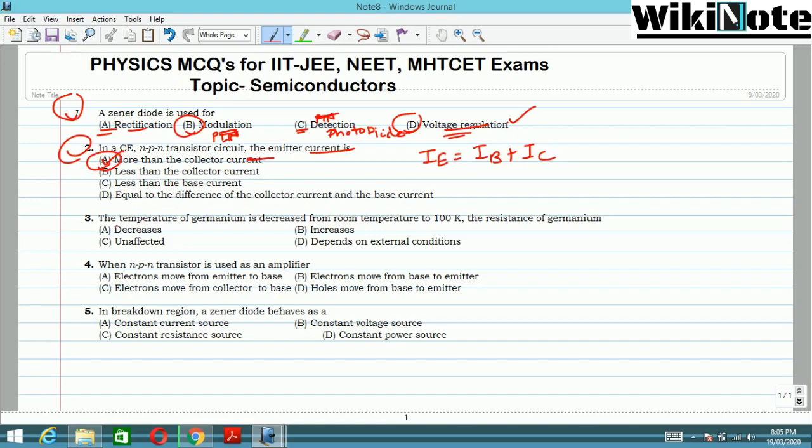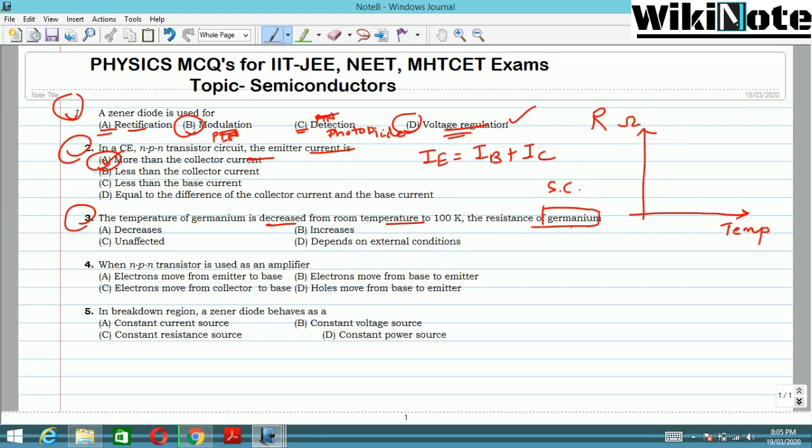Third, the temperature of germanium is decreased from room temperature to 100 Kelvin. The resistance of germanium is? So first of all, keep in mind guys, germanium is a semiconductor material, and you should know the graph of semiconductor against temperature, what will be the effect on resistance. So resistance in ohm and the temperature.